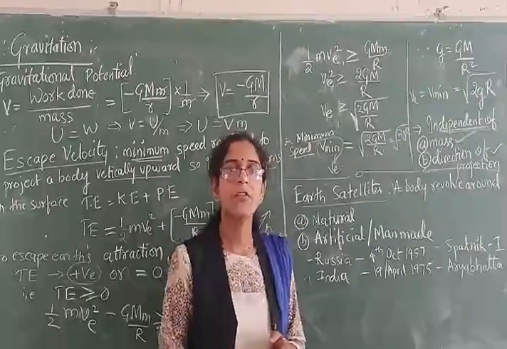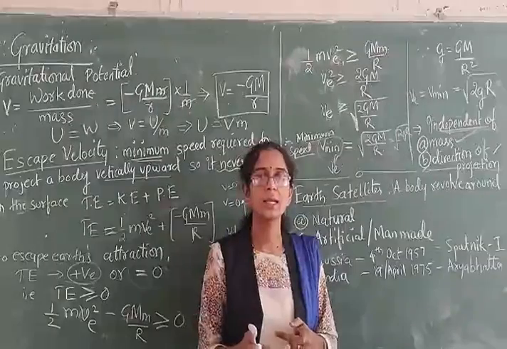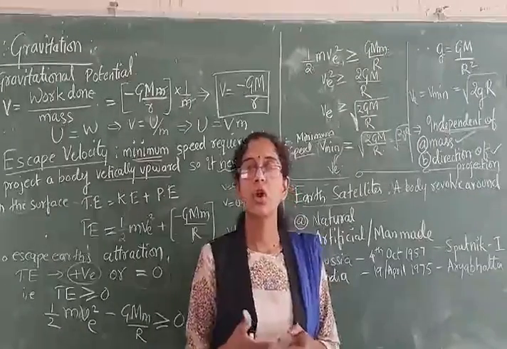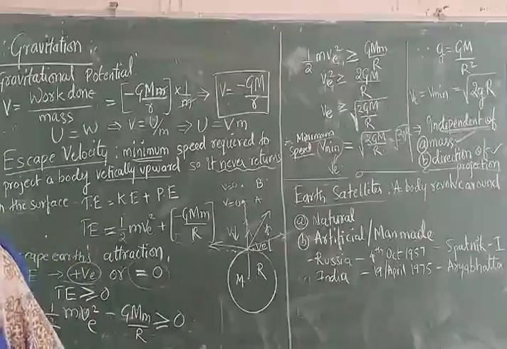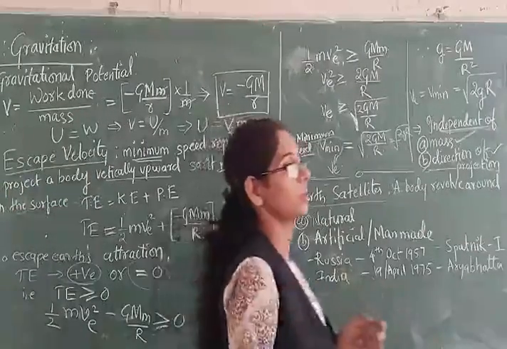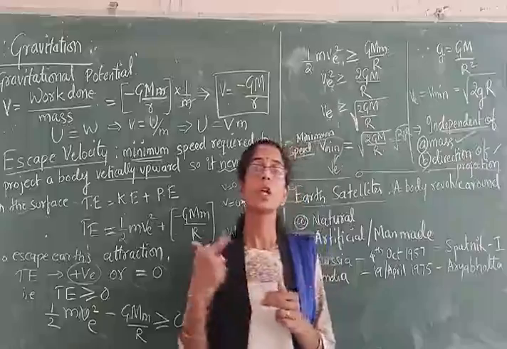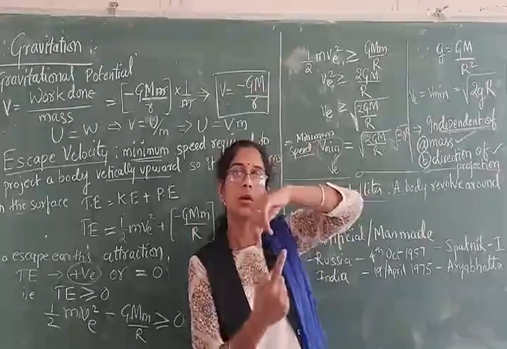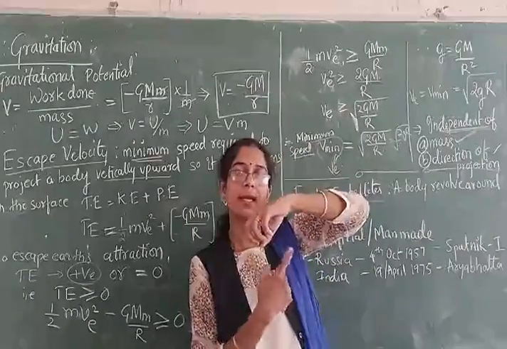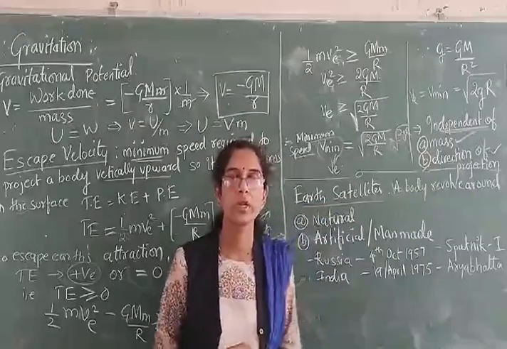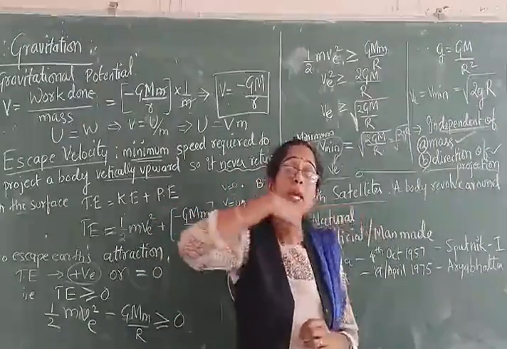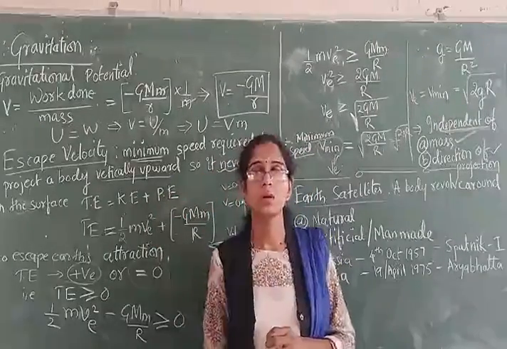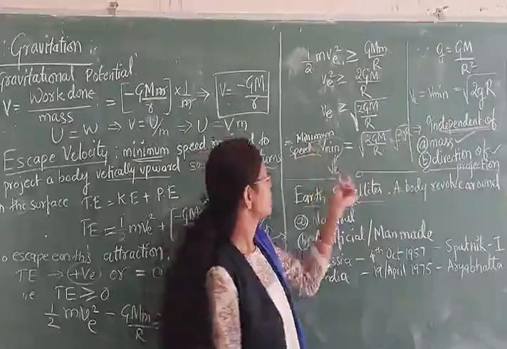For Earth, we have the moon as a natural satellite. Its time of rotation around the Earth is 27.3 days, so it takes that many days to complete one rotation around the Earth. That is the natural type of satellite.